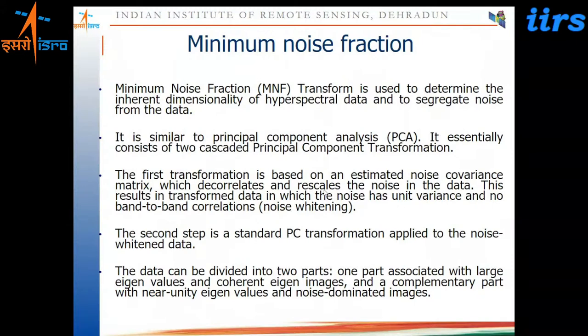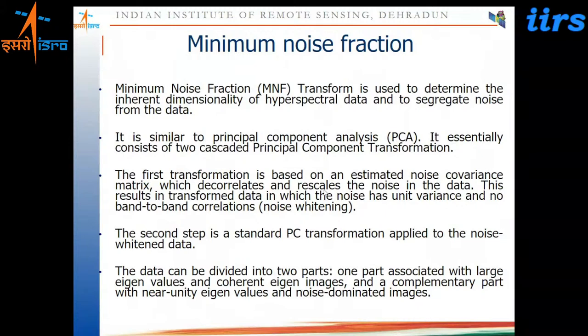The eigenvalues we get will have two parts: the first part is the large, coherent eigenvalues, and the other is the noise-dominated, near-unity eigenvalues.